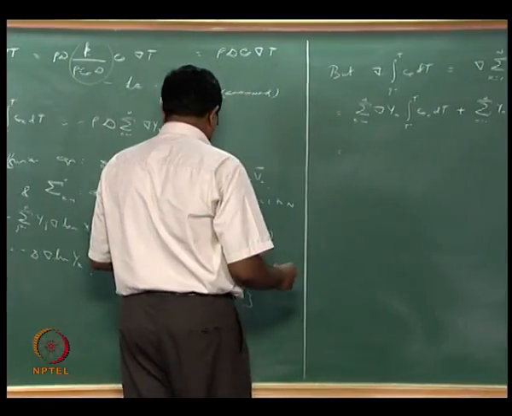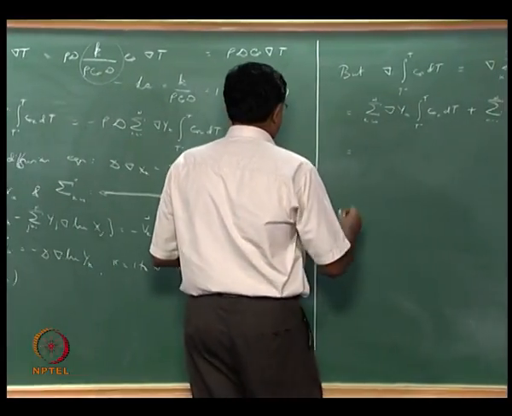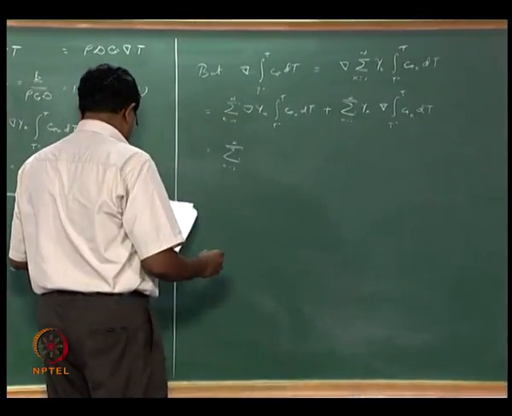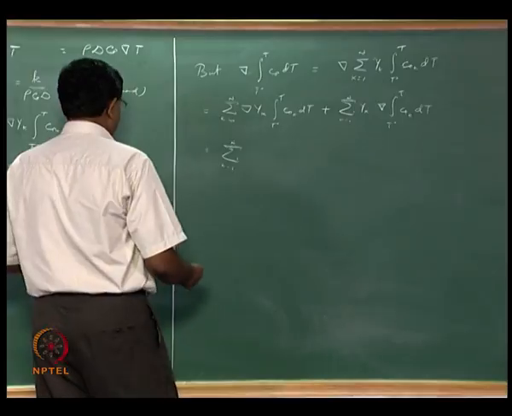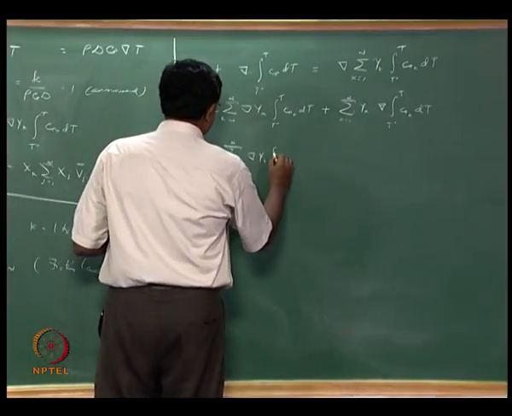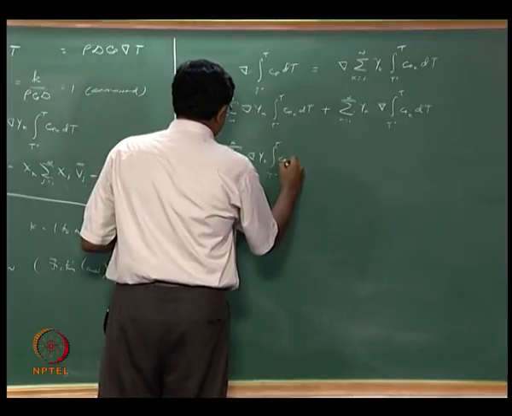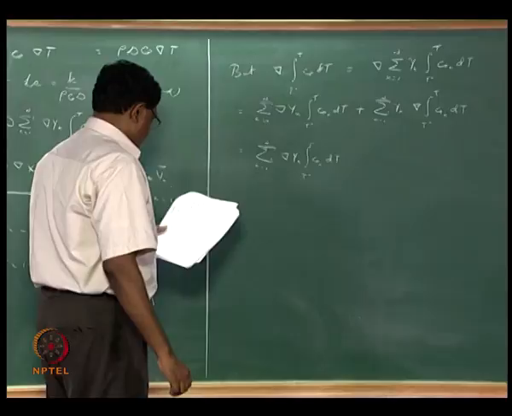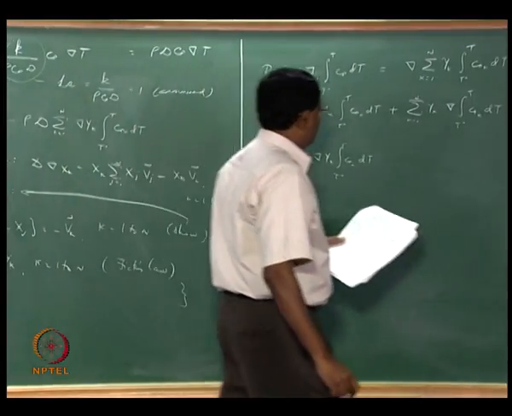So this is equal to sigma k equals 1 to n gradient yk integral t naught to t cpk dt, and then we now have to see what's going on here.